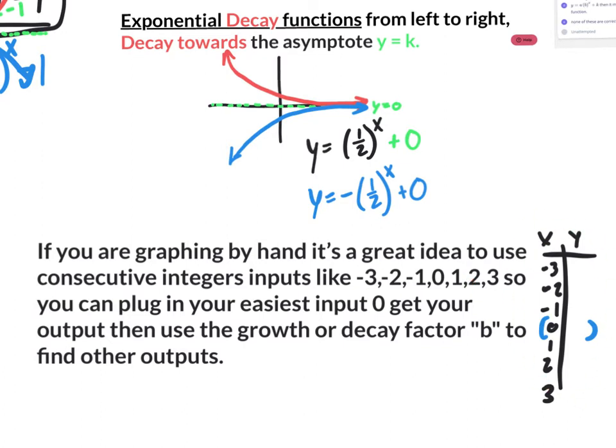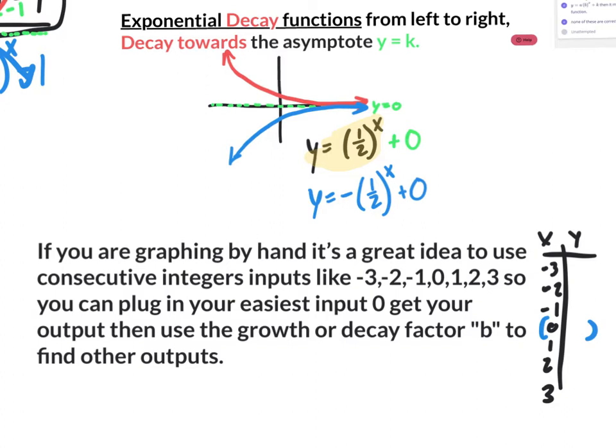If you make an input-output table, an XY table, and on the inputs you put -3, -2, -1, 0, 1, 2, 3, these consecutive numbers set it up beautifully because you could plug in your easiest input, 0, and then do the math and see what you get. So for example, let me use this guy right here, y equals (1/2) to the x power.